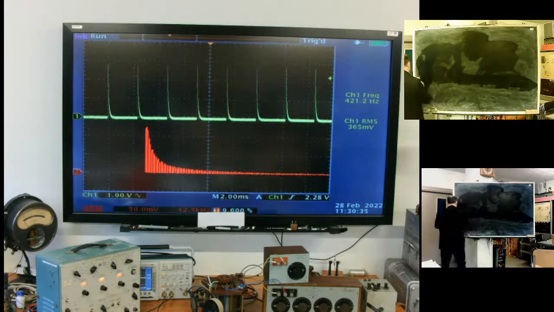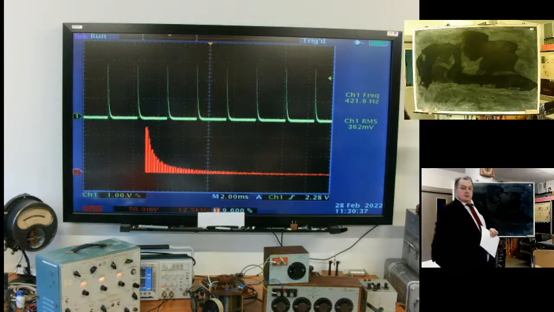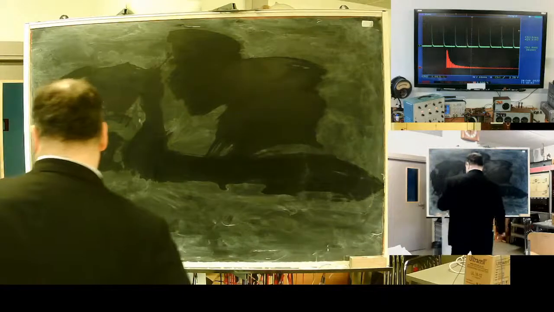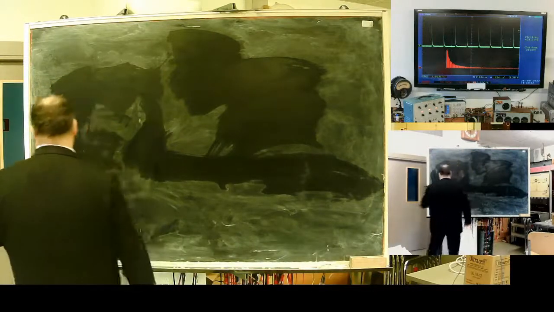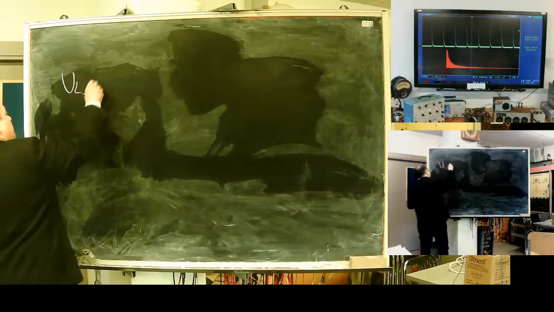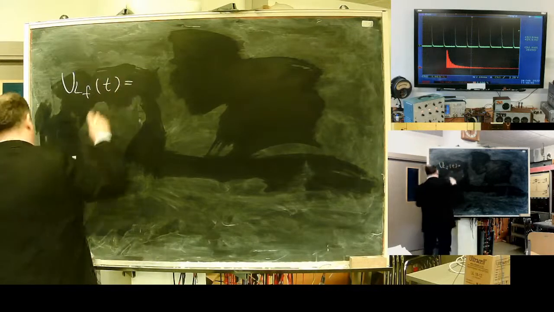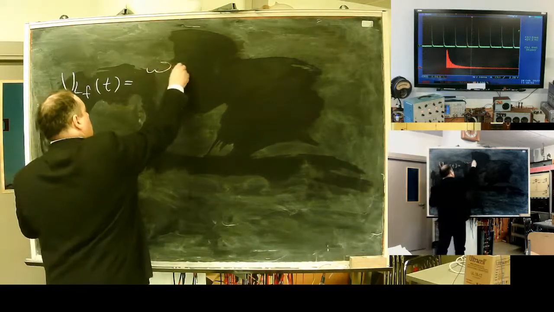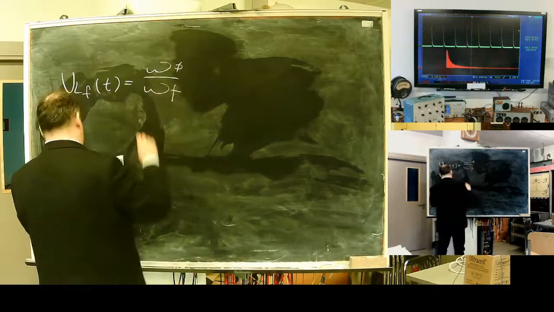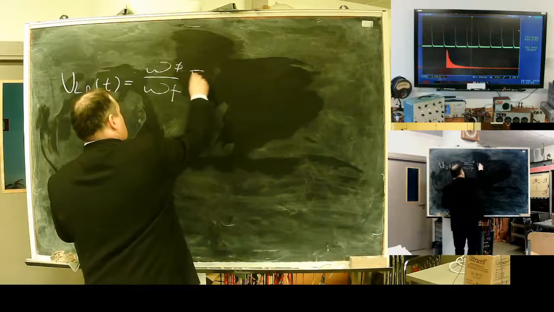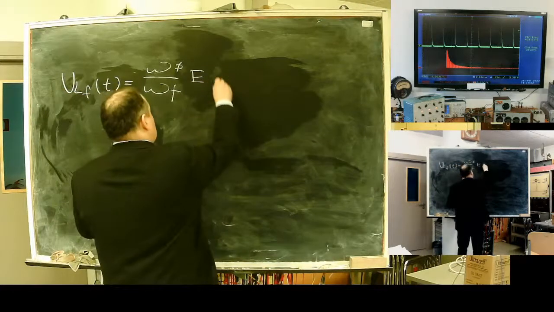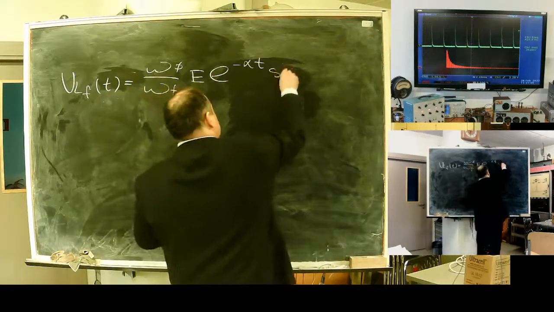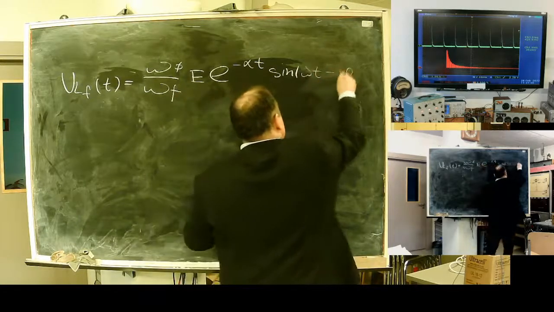Yes. I can write the pair of formulas. So, the free component of the coil voltage will be omega 0 over omega, free oscillation, times sine of omega t minus some phi.